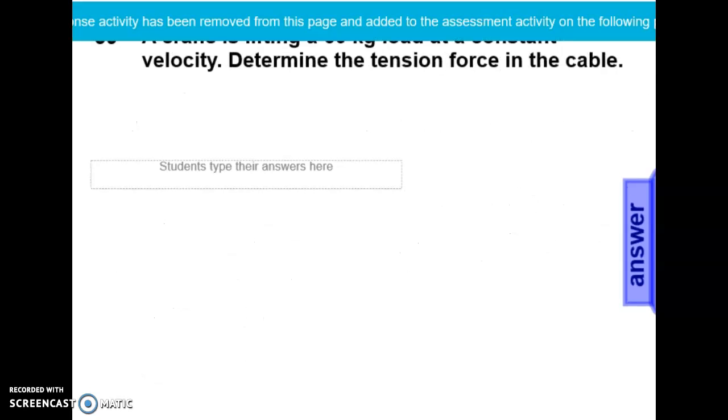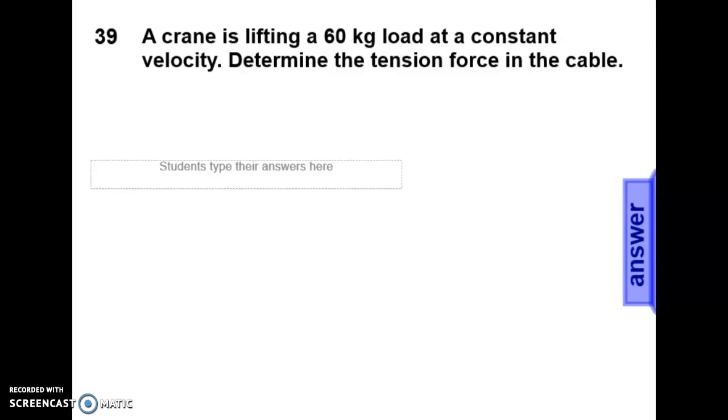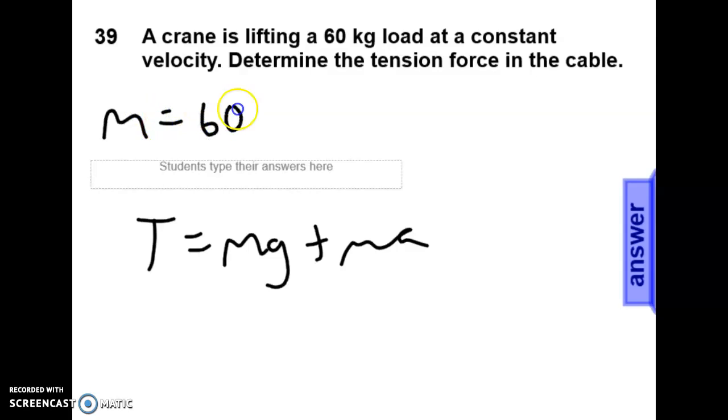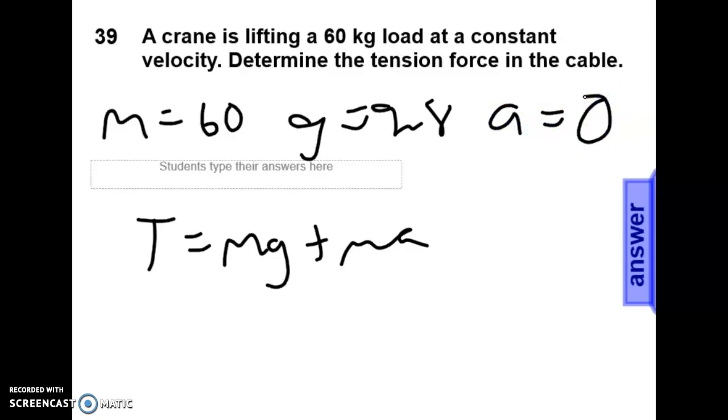In the next problem, we are moving at a constant velocity. It doesn't say up or down, it just says moving at a constant velocity. To solve this one, we use T equals mg plus ma. The mass is given as 60, g is equal to 9.8, and the acceleration is equal to 0.